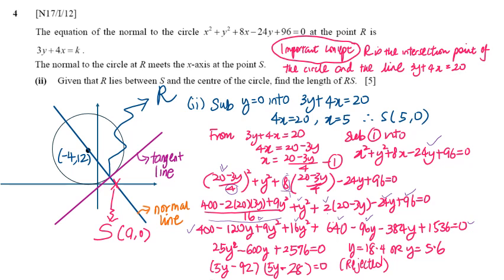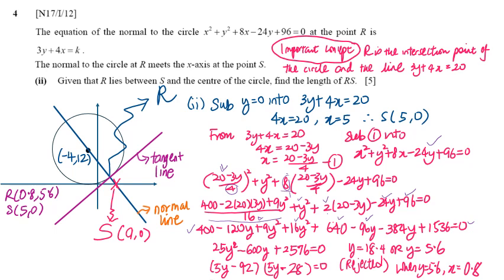Therefore, the y-coordinate of point R is 5.6. With that, you can substitute into equation 1 to get the x-coordinate, which is 0.8. So the coordinates of point R are (0.8, 5.6).